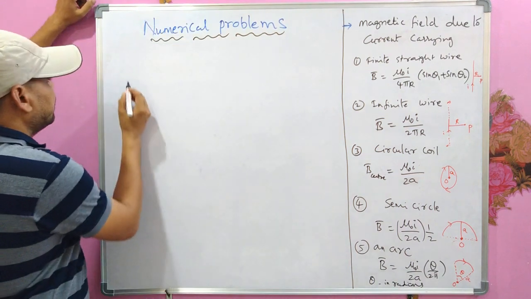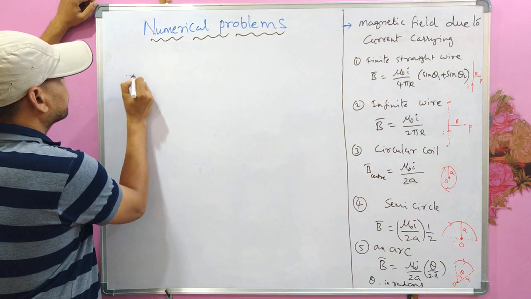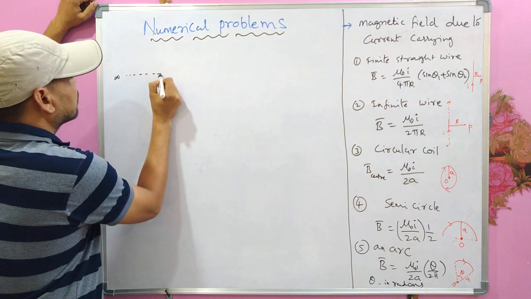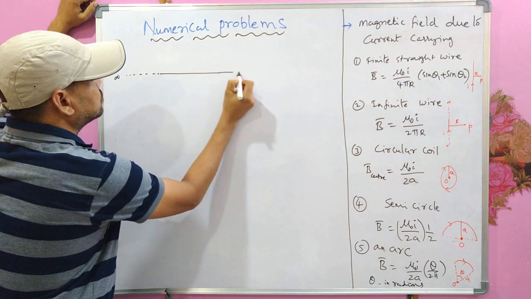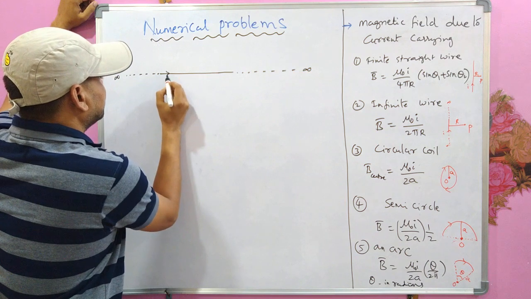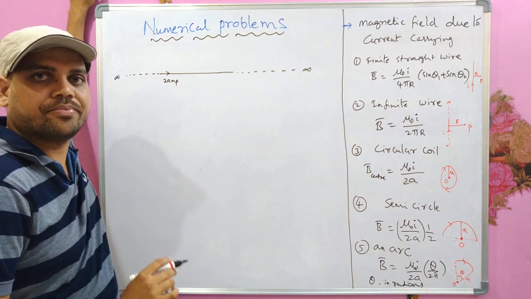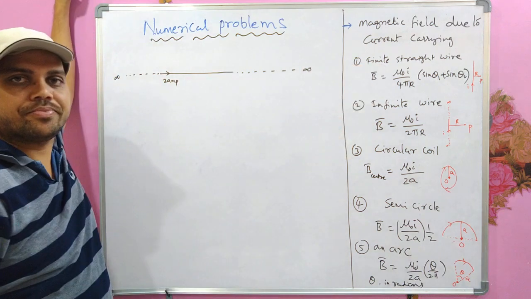For example, consider an infinite current carrying wire through which some current, let me say some 2 ampere current is flowing through it, which is infinite wire.